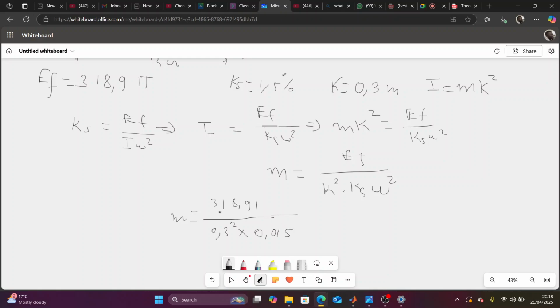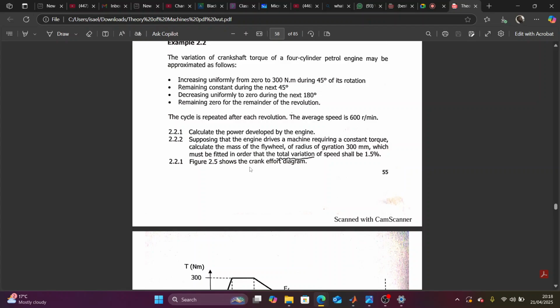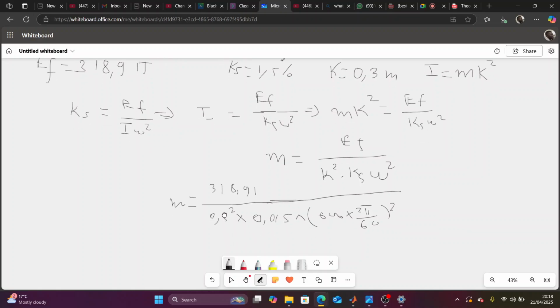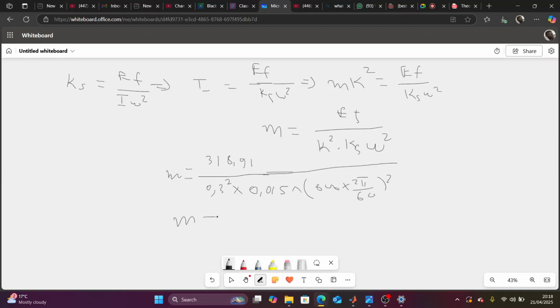It should be given in the question. The average speed is what? 600, right? So you have here 600 times 2 pi over 60, everything squared. If you can solve for M, then you've got the mass. That's what's supposed to be there. I'm sure we're going to get 59 as they got there.